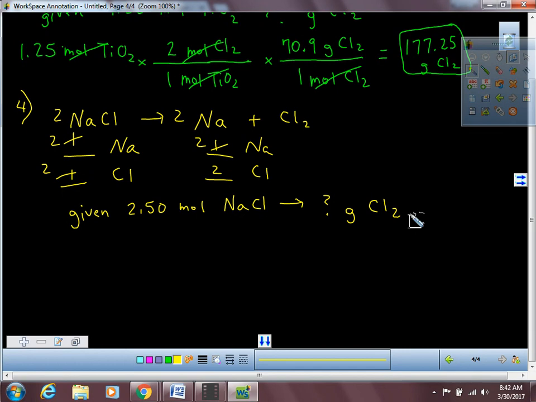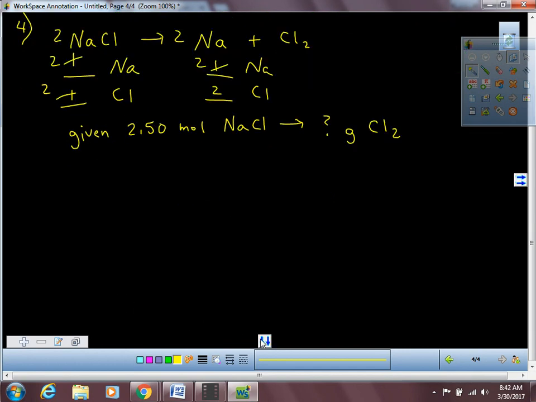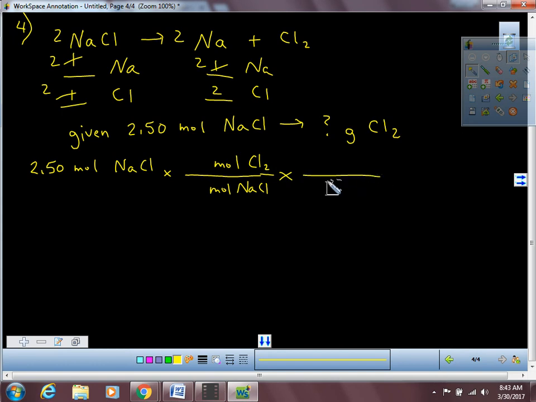So I'm going to set it up. Take what I know. 2.5 moles of sodium chloride. I go from sodium chloride moles to chlorine moles. So I put sodium chloride on the bottom because I want to cancel it. Looking for chlorine. And then I need a mass.